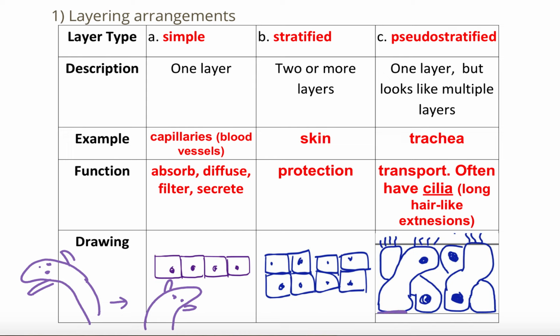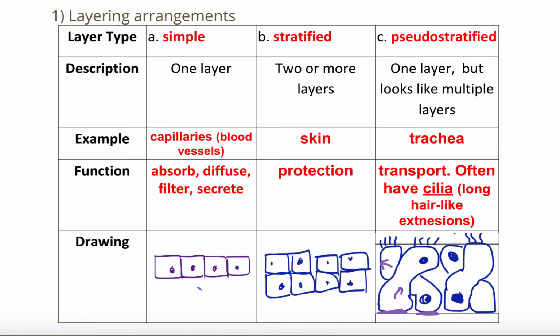So this is one cell and it's flopping over to the right. And this is another cell and it's flopping over to the left. And because the cells are floppy, they end up accidentally making what appears to be layers.